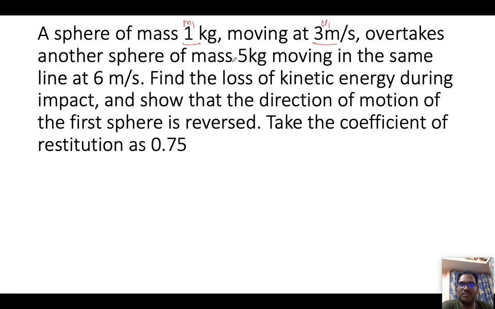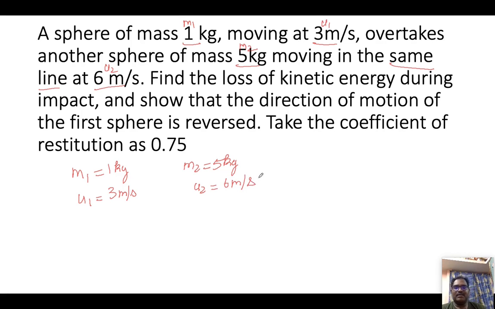It overtakes another sphere of mass m2 in the same line, which means it is a direct collision, and it is moving at a velocity of 6 meter per second. So m1 is 1 kilogram, u1 is 3 meter per second, mass m2 is 5 kilogram and u2 is 6 meter per second.